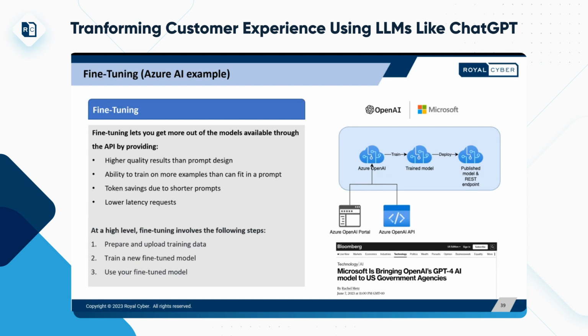One example is the partnership between Microsoft and OpenAI on their Azure platform, where proprietary data can be uploaded to the Azure platform and then rendered downstream to a REST endpoint. Most recently, Microsoft and OpenAI have partnered to provide the GPT-4 AI model to U.S. government agencies, which is pretty remarkable because it is the first time OpenAI has opened the GPT-4 model outside of its chat functionality.